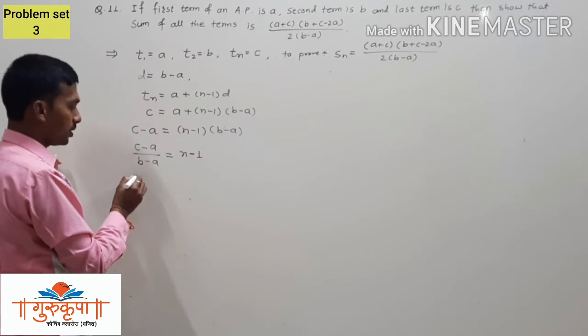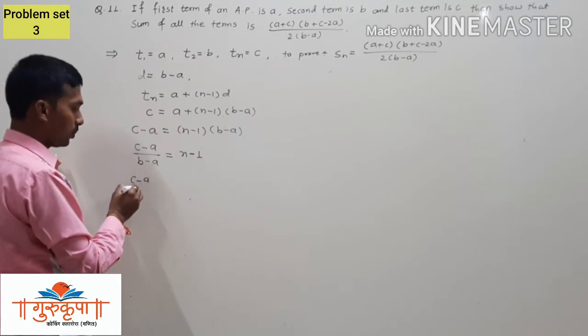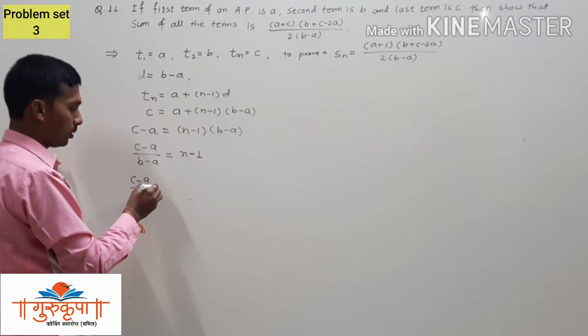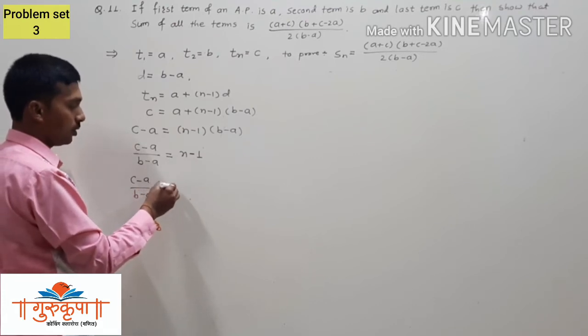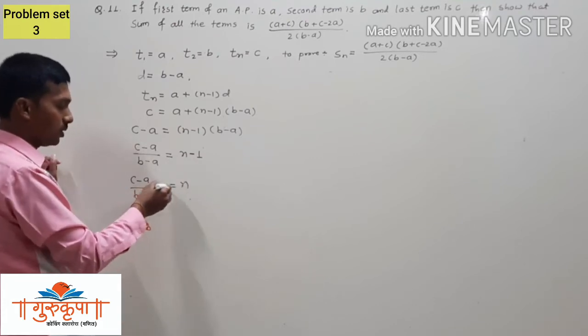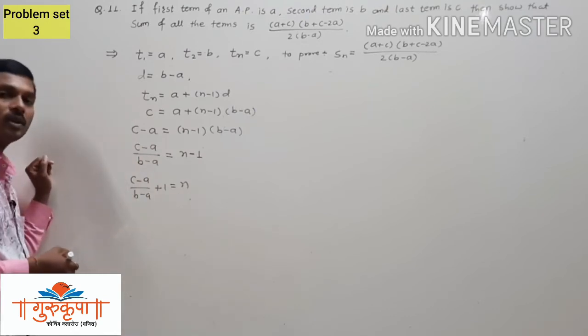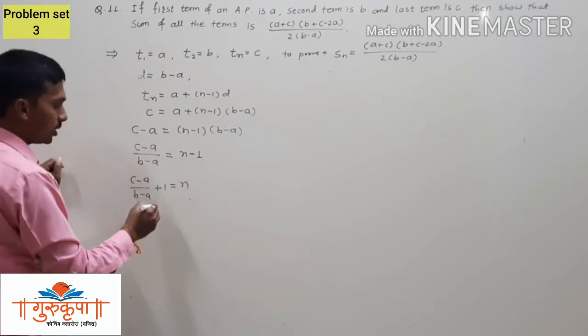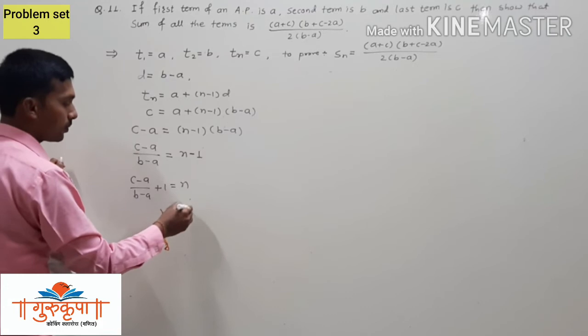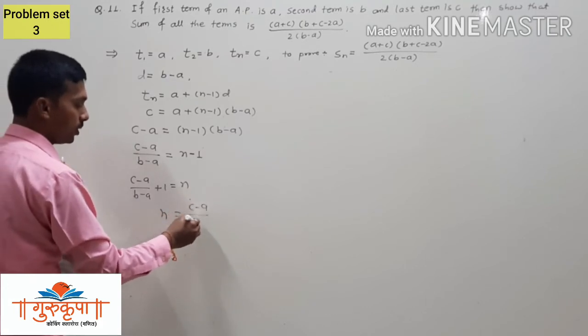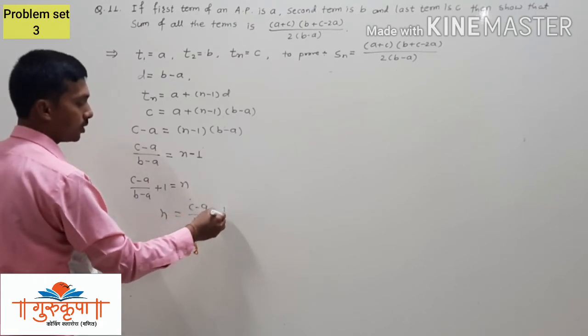So we will get n. This n is equal to c minus a upon b minus a plus 1.